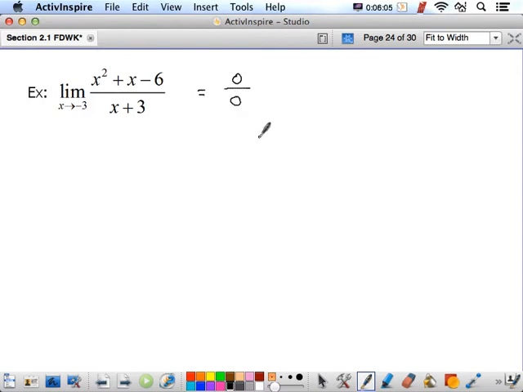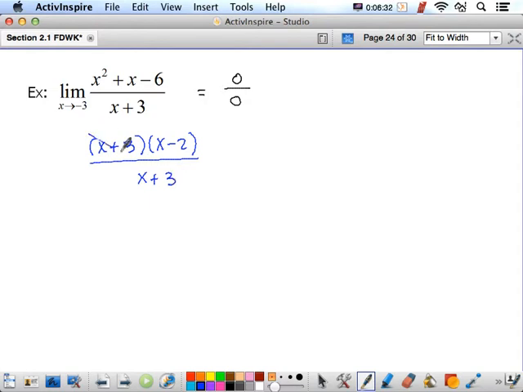So of course I picked the one number that's going to yield indeterminate form. But the nice thing is I think we might could factor the top of that, right? So that would factor to x plus 3, x minus 2, all over x plus 3. And lo and behold, what cancels? x plus 3. That means there was a hole at -3.